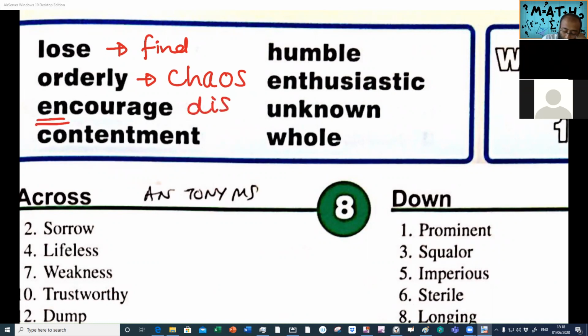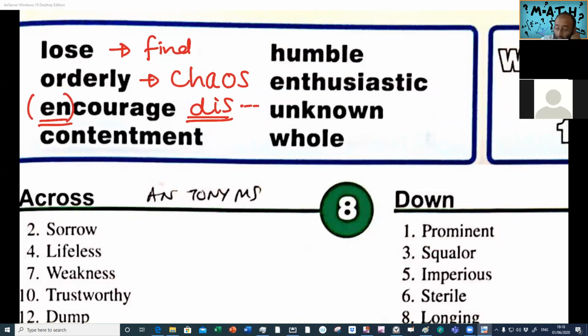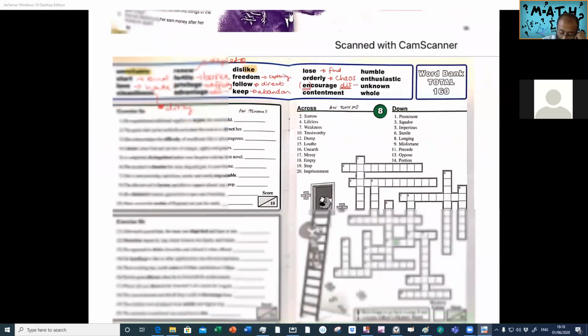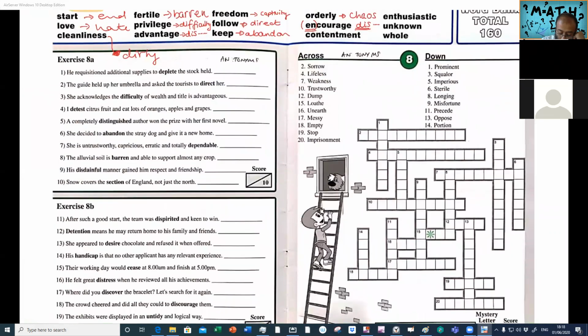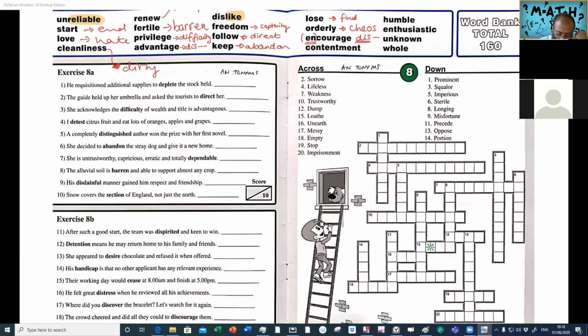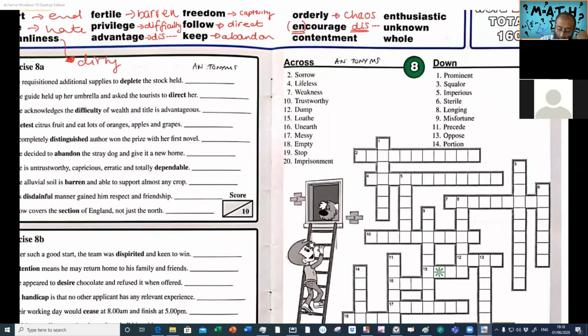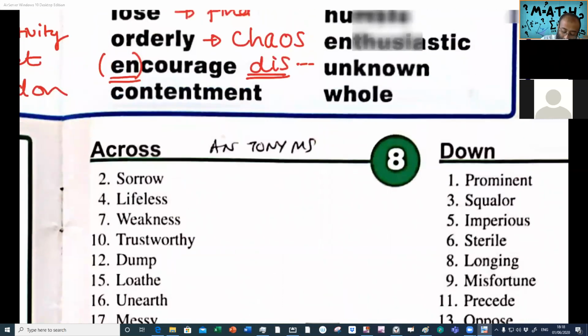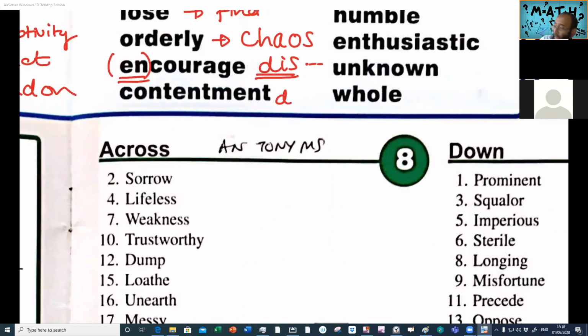Discourage. Yes, discourage. The rest of the word is the same, so we take the N off. Okay, what's the opposite of contentment? I don't know what contentment means. Well, contentment means when you are happy with your situation. Unhappy. So unhappy or distressed. We can call that distress when you're unhappy.